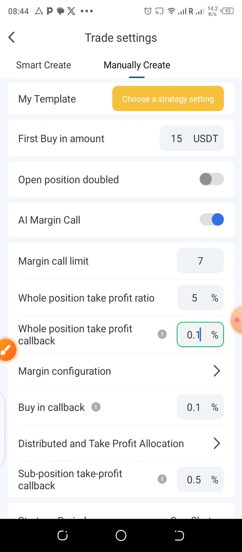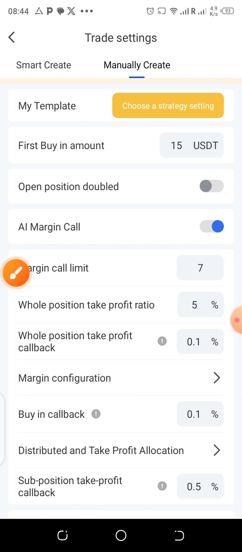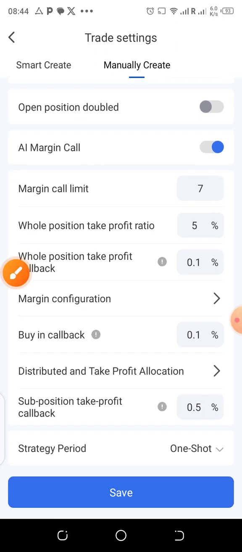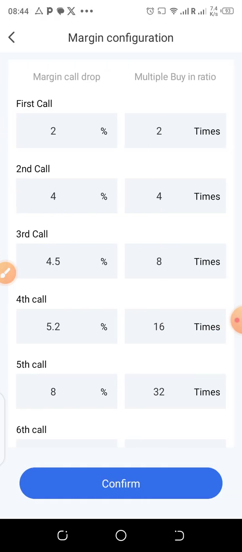So we are seeing here margin configuration. I'm going to go in for that. Let me first finish here. We are seeing here buy in callback. Let's leave it at 0.1.